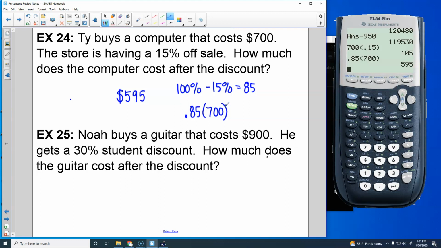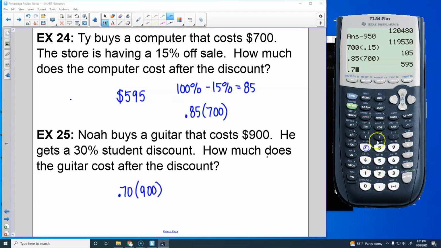Okay? So if we're trying to do that same thing for number 25, now you can still get the answer the other way. That's perfectly okay. But if we're trying to do the same thing for number 25, how could I do this in one single step where I just have to multiply one time? 0.70 times 900, because if it's 30% off, that means you got to pay 70% of the price.